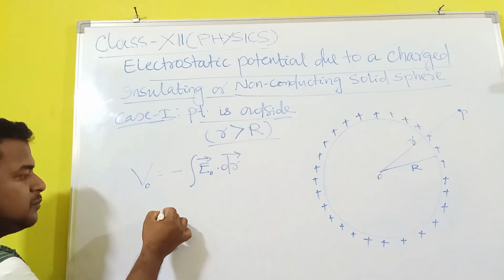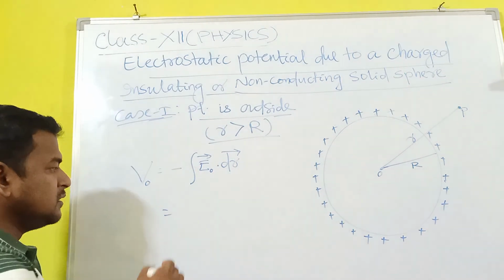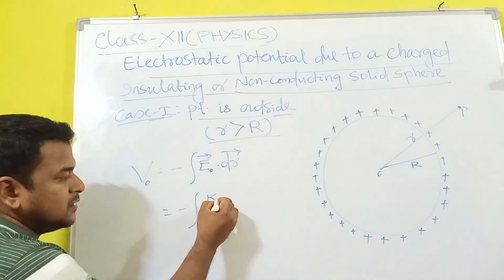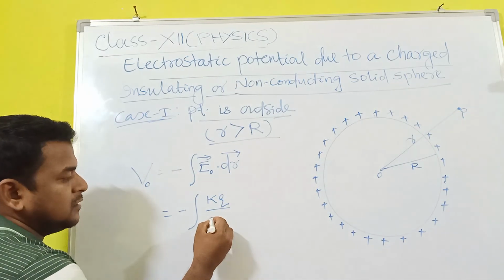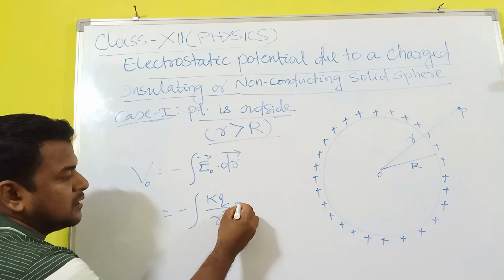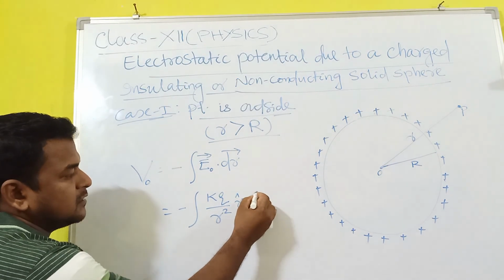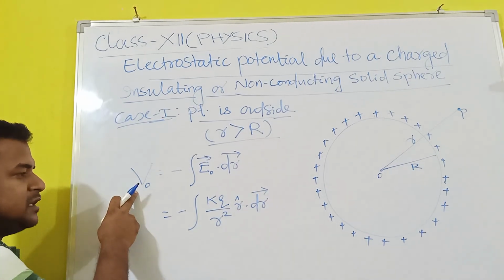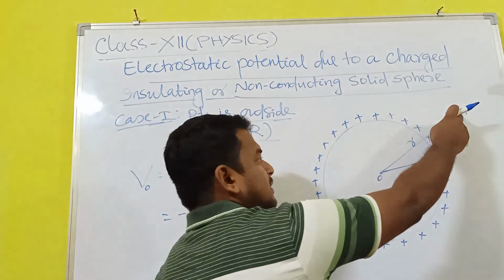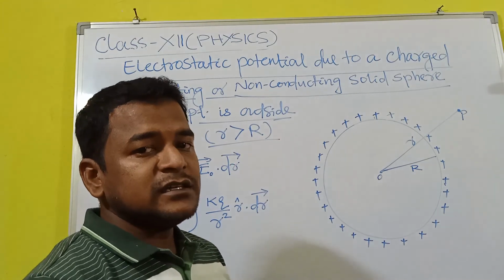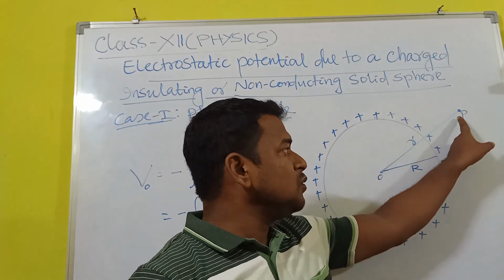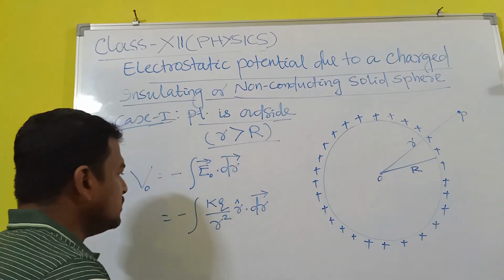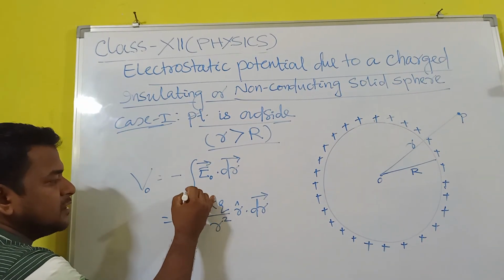Putting the value of E0, which is kQ upon r square r cap, dot dr vector. Potential at P means we bring the test charge from infinity to P, so the limits will be infinity to r.